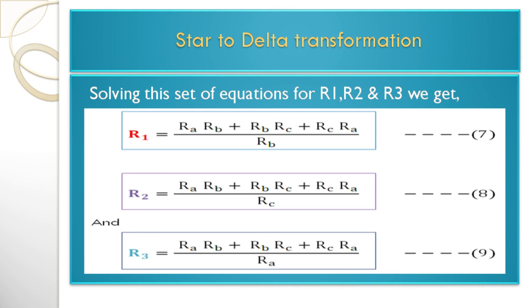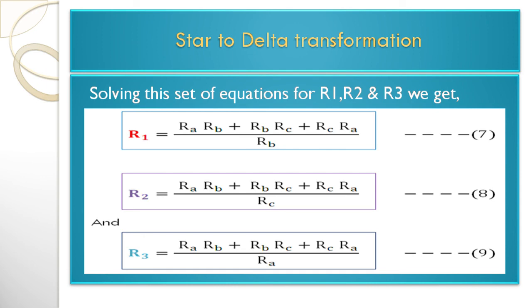Value of R2 of delta equivalent resistance is equal to product of RA into RB plus product of RB into RC plus product of RC into RA divided by RC of its star equivalent resistance. And value of resistor R3 of delta equivalent is equal to product of RA into RB plus product of RB into RC plus product of RC into RA divided by RA resistance of star network, which are represented by equation 7, equation 8 and equation 9.